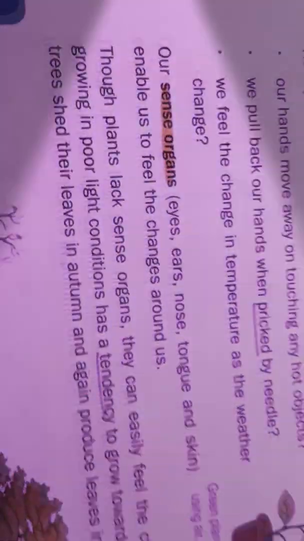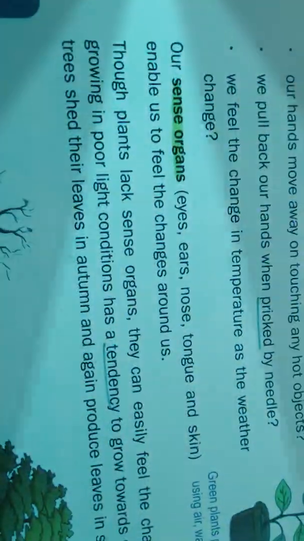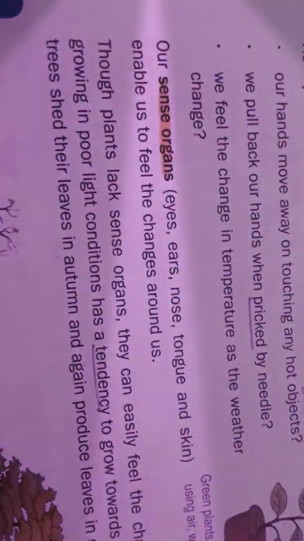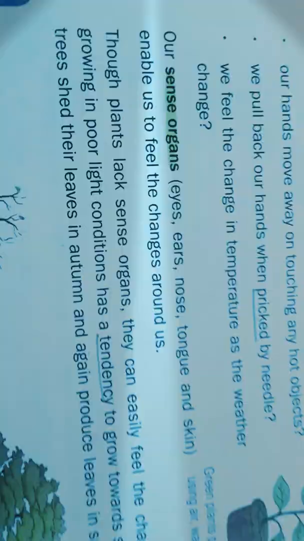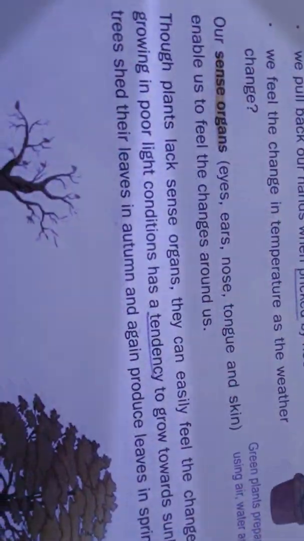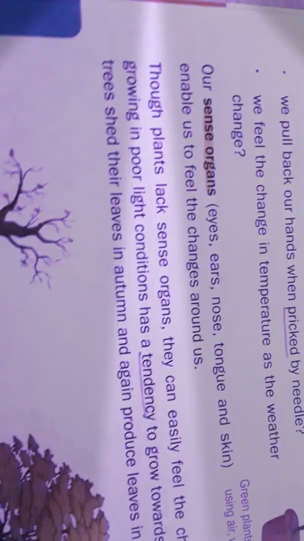And with our sense organs, we can feel the changes around us. What are the sense organs? Eyes, ears, nose, tongue and skin are the sense organs. Though plants lack sense organs, some of the plants can show a little bit of sense.